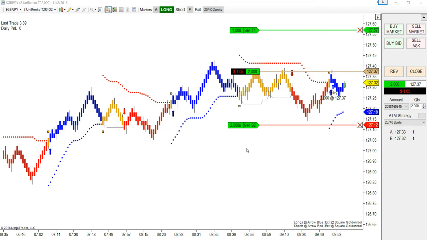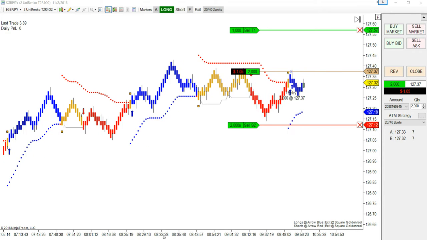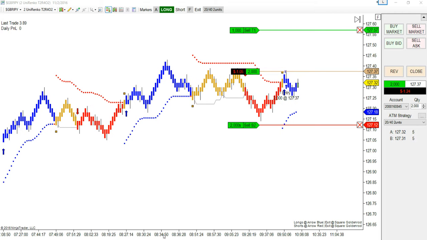Welcome back, traders. Trading the Great British Pound JPY. We just took basically a first trade on this pair today. So let's see what happens with this trade here. We're using the ATR bar color, the Unirinkos, and the market has been pretty slow.